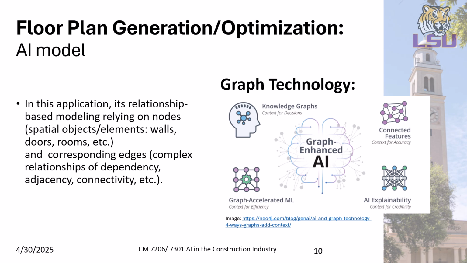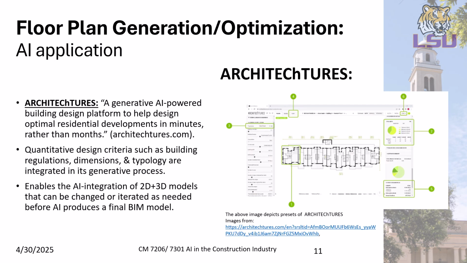Now, we will discuss a few AI web or cloud-based applications that provide floor plan generation or optimization. Architectures. A generative AI-powered building design platform to help design optimal residential developments in minutes rather than months, says architectures.com.